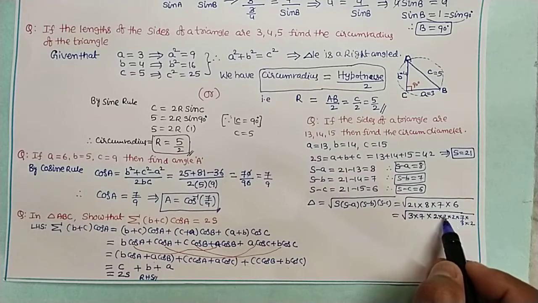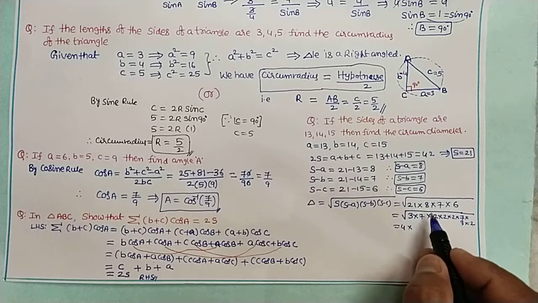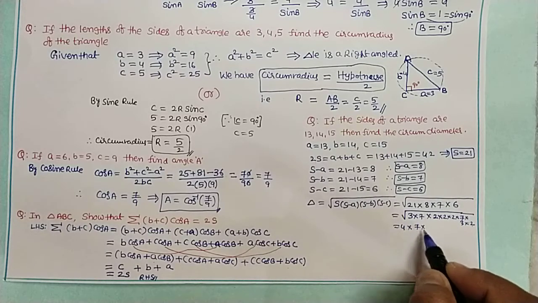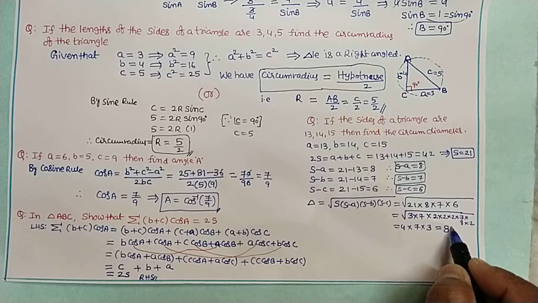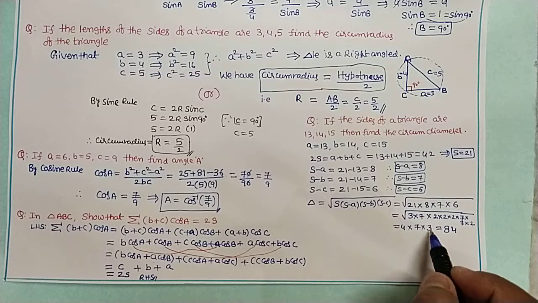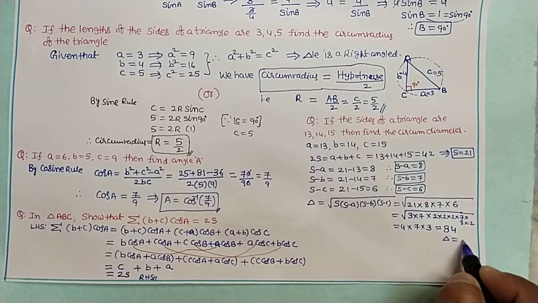So 2 into 2 into 2 into 2 is 16, we can take outside, it will become 4. 7 into 7, 49, we can take outside of the root, it becomes 7. 3 into 3, 9, we can take outside of the root, 3. So it will become 84, 21 into 4, 84. Therefore, we got delta equal to 84.